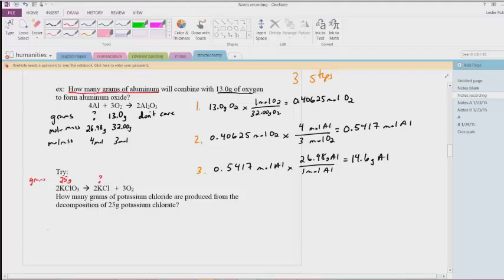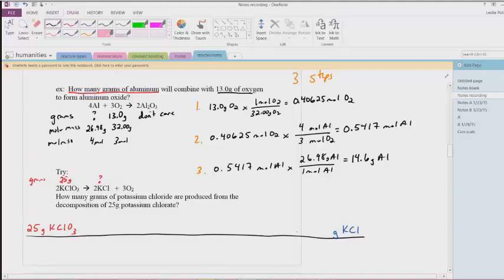Now this time I'm going to set up my 3 steps as one giant conversion. So I'm starting with my 25 grams of potassium chlorate. And I'm going to end with grams of potassium chloride. So make that big giant fraction.